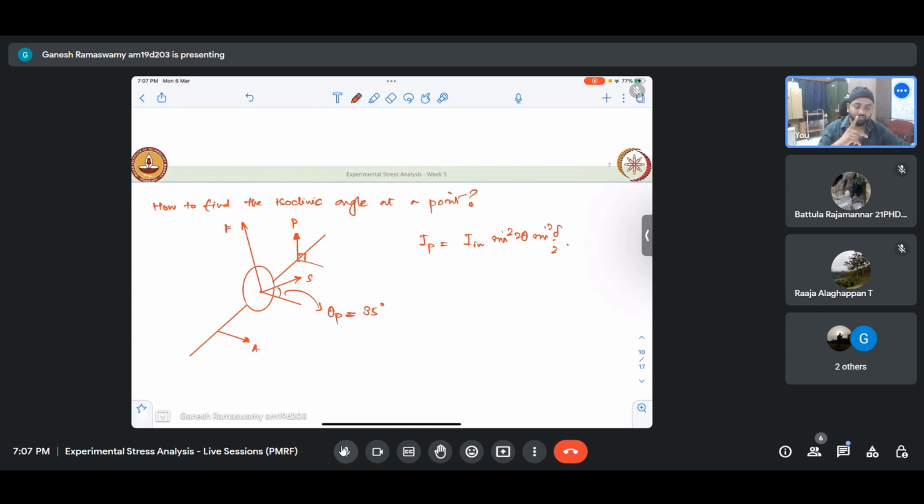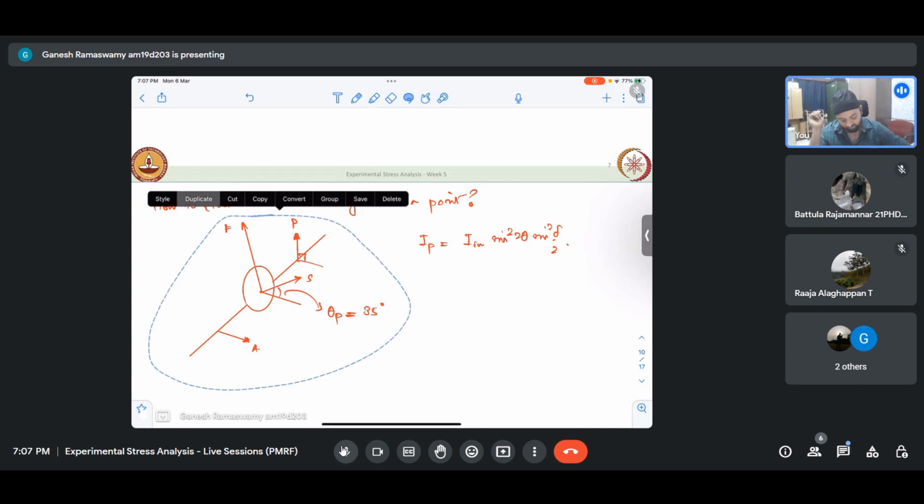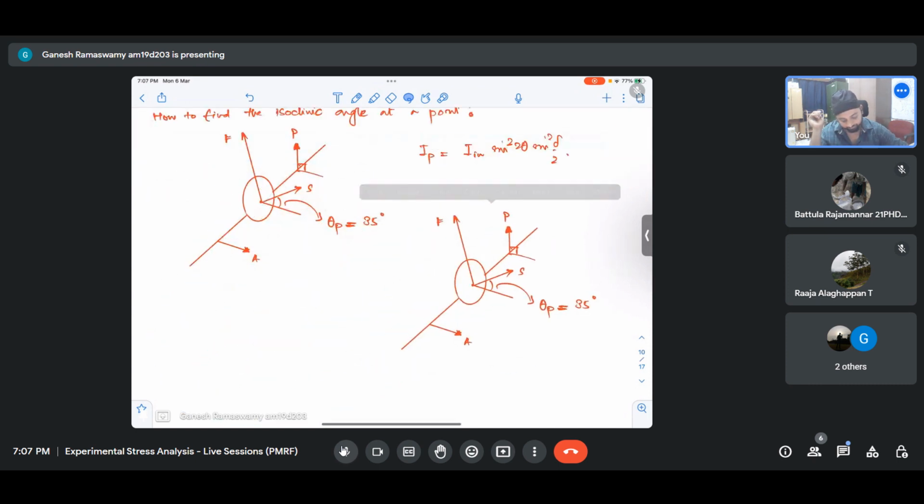Let us say in one arrangement I start rotating this. This is no longer 90 and this is no longer 0, but I keep it at some angle.